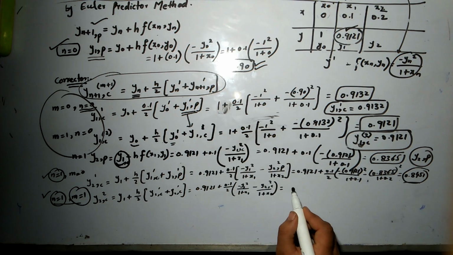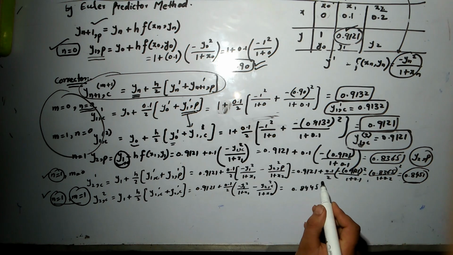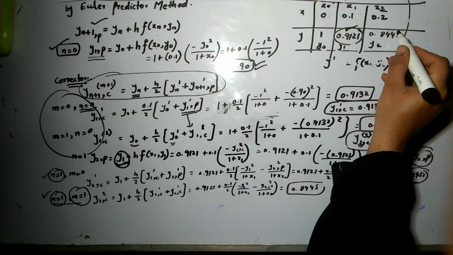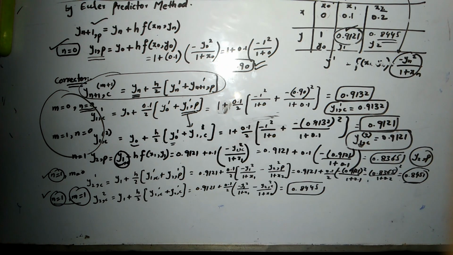So this will become 0.8445. This is our final answer, 0.8445, for the Euler trapezoidal method for two corrections. This was our question and our Euler trapezoidal predictor corrector method.